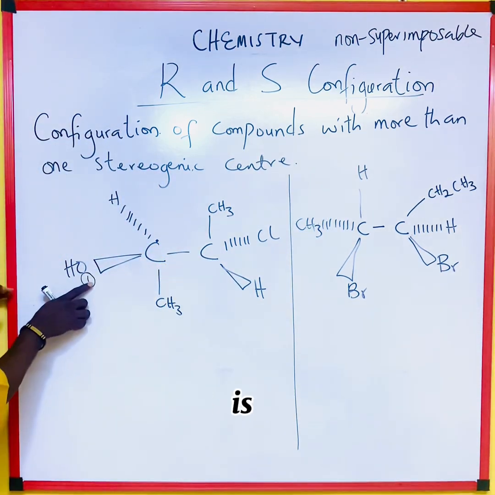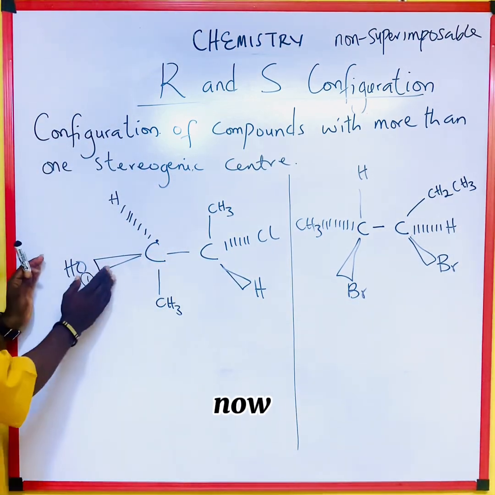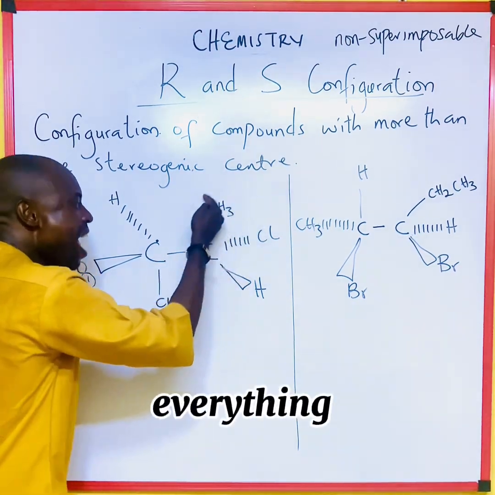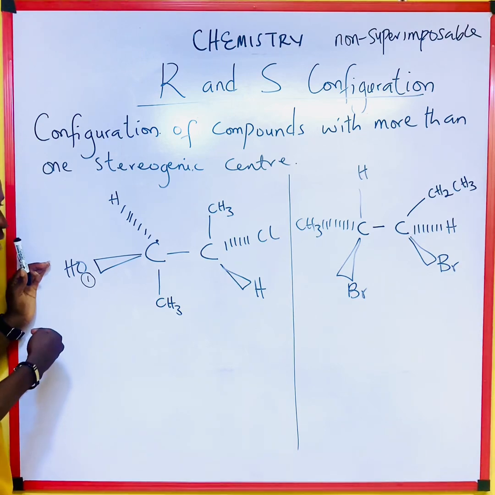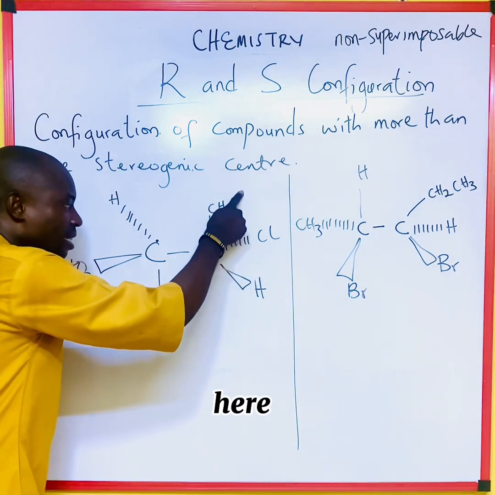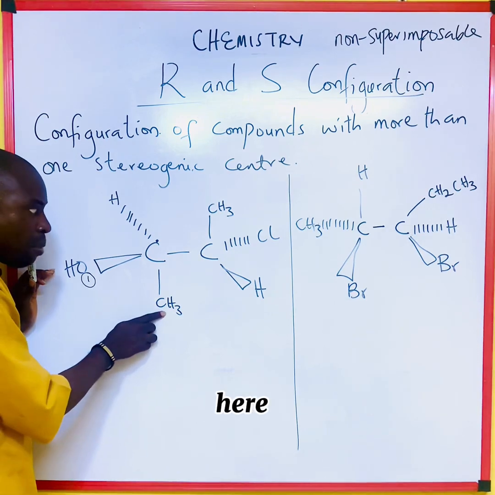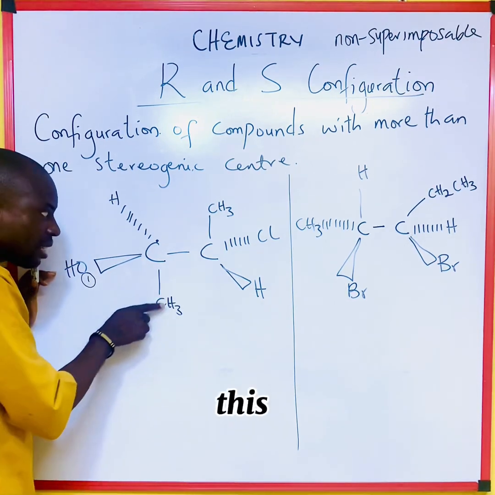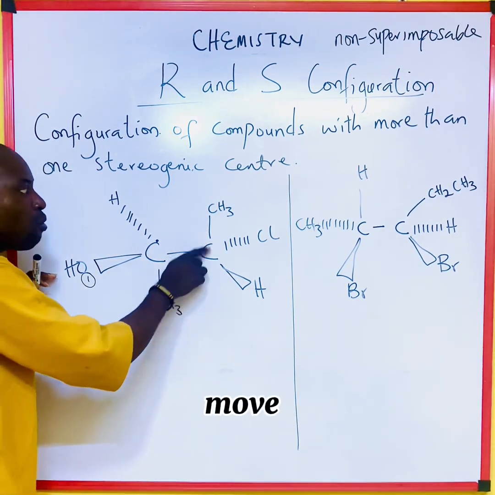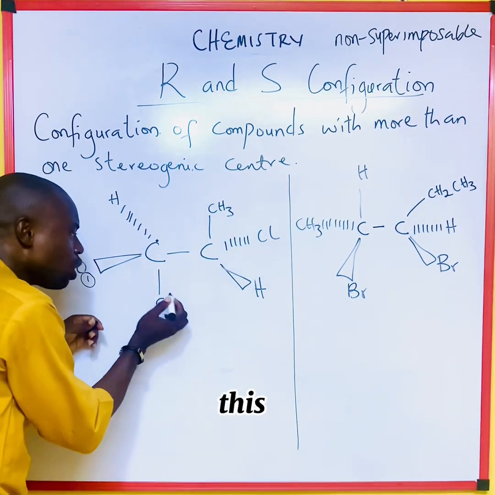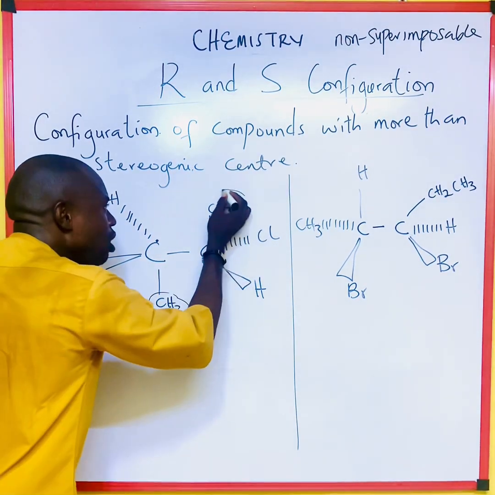Look at it. So here is 1. This carbon here is directly attached to everything here, and everything here is higher than this carbon here, meaning this carbon and this carbon have no difference. So I can move to the next until I spot a difference between this particular group and this particular group.